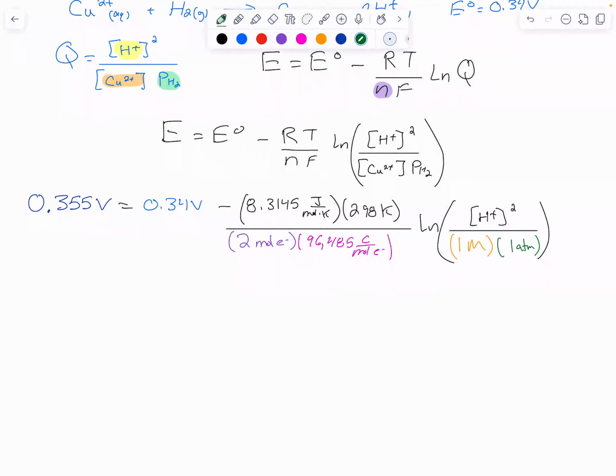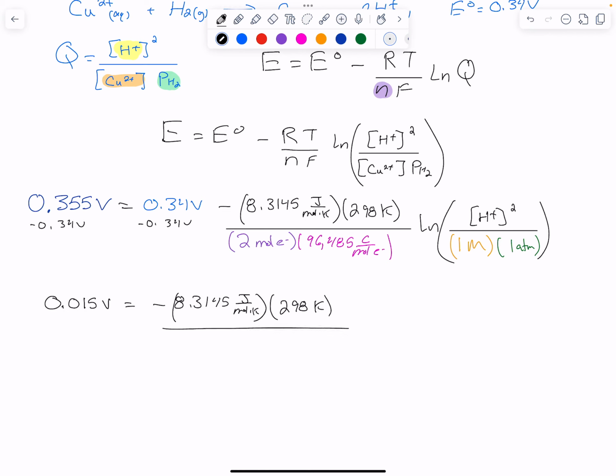All right, let's do some moving here. So first thing we have to do is subtract 0.34 volts from both sides. So we get 0.015 volts equals negative 8.3145 joules per mole Kelvin times 298 K over 2 moles of electrons times 96,485 coulombs per mole.